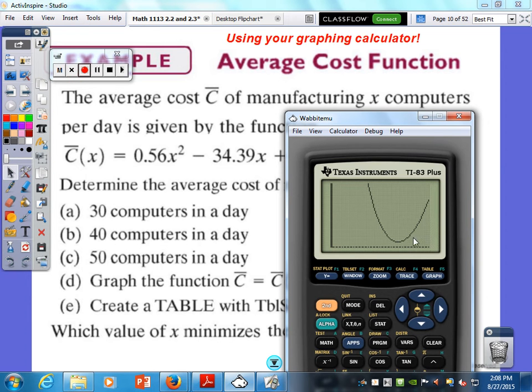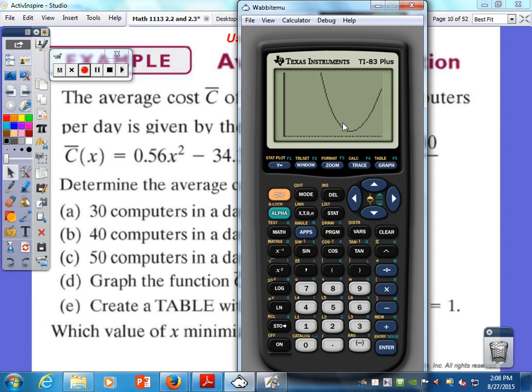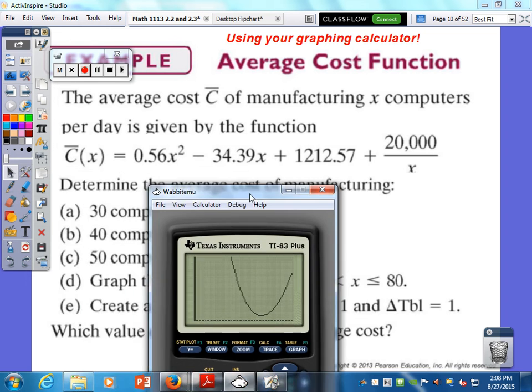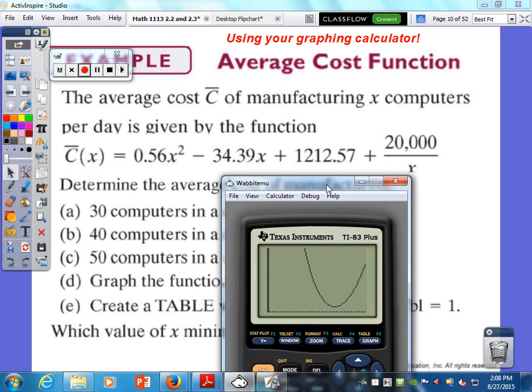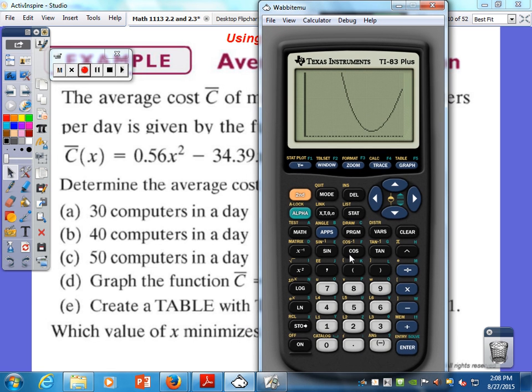Let's see how many computers we would want to produce to minimize our cost. Now, this equation looks pretty ugly, doesn't it? But if we've got the tool of the graphing calculator, we can actually find our minimum value. You can start by hitting trace.